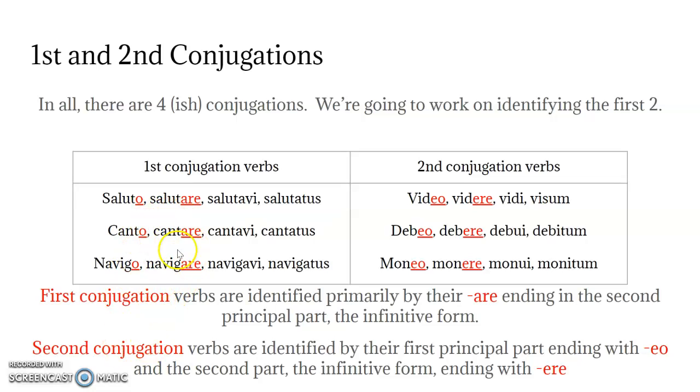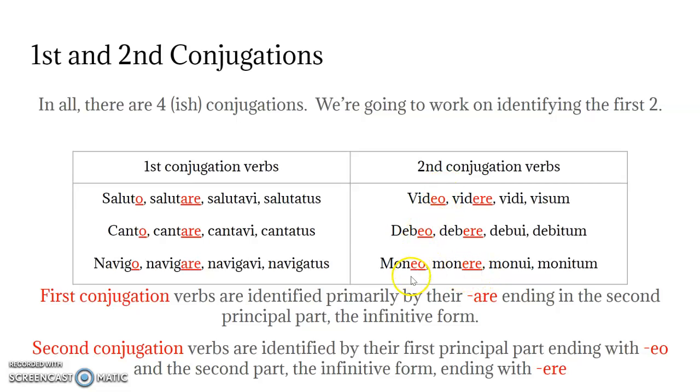You'll see that first conjugation verbs are identified primarily by their second principal part, their infinitive form, ending with ARE. I apologize, I was rudely interrupted. So first conjugation verbs, you'll typically see an ARE in the second principal part. In the second conjugation verbs, you'll see an ERE at the end of the second principal part.